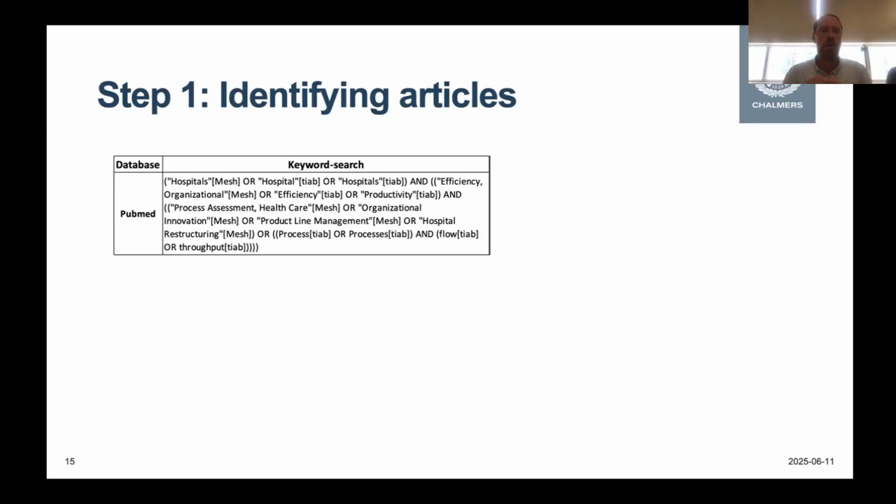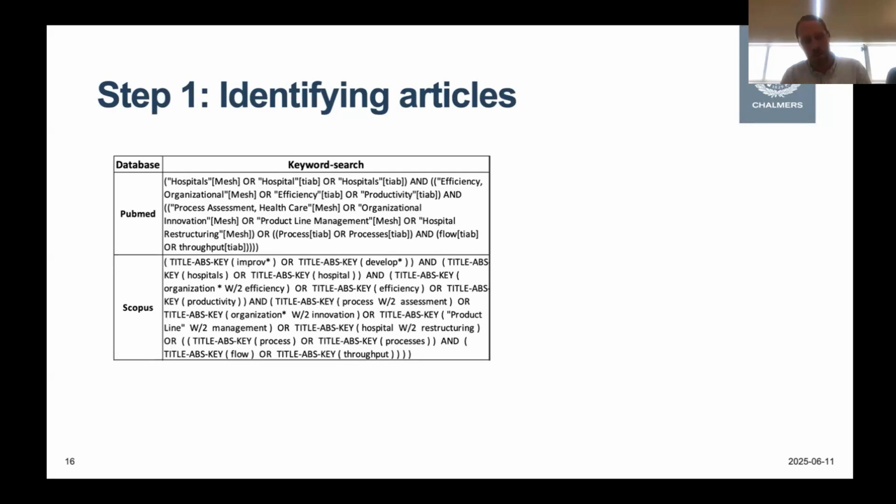In this search, they will look for the word in titles and abstracts. So when I had reached the best possible search string for PubMed, I had to translate it to what it would look like in the database Scopus.